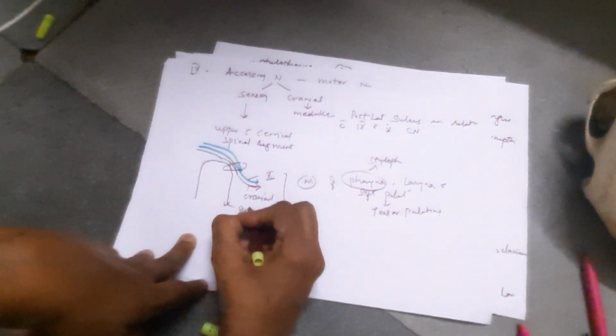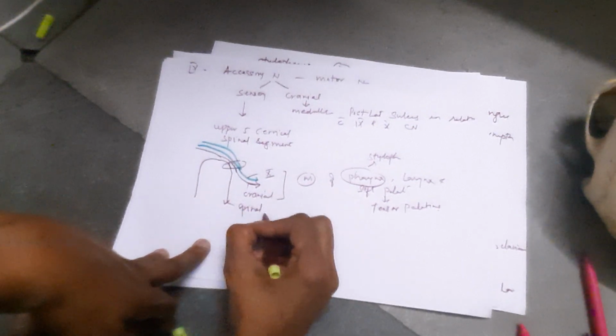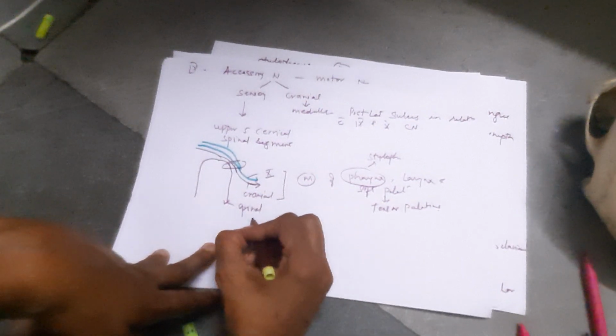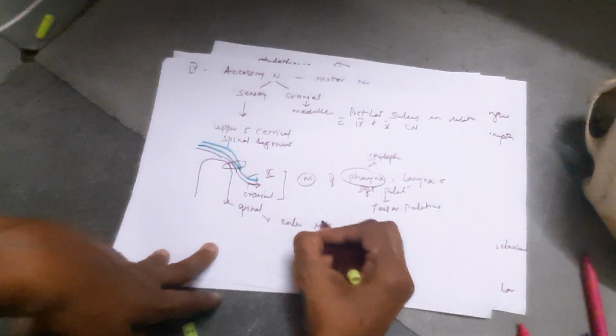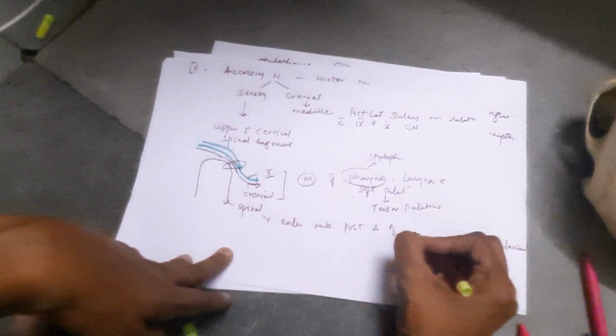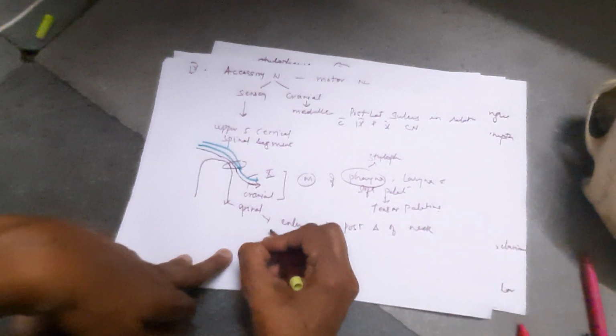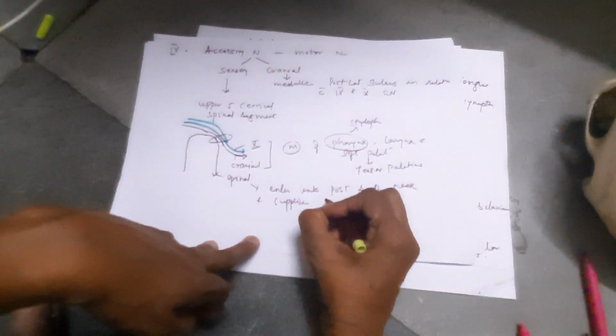This is the spinal part. After coming out from the jugular foramen, this spinal part of the accessory nerve will enter into the posterior triangle of neck, and it supplies कौन सी muscle?